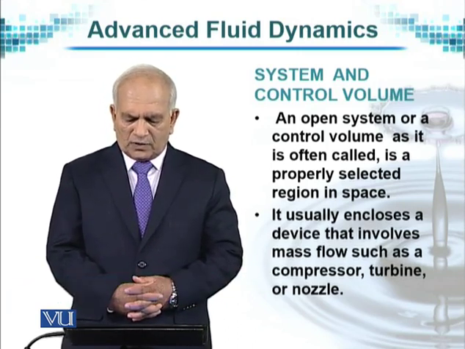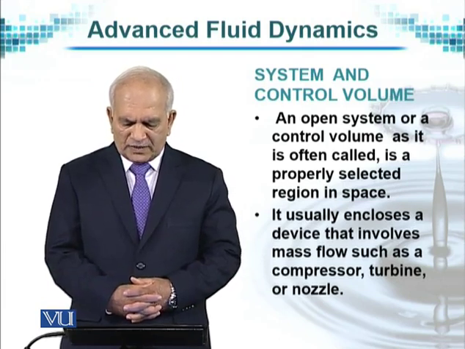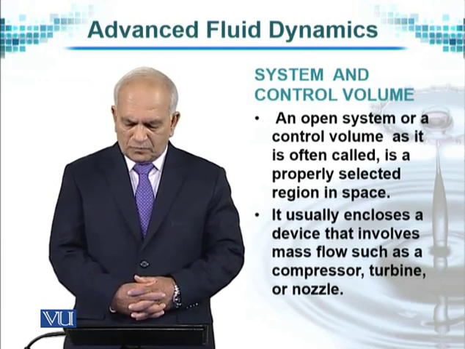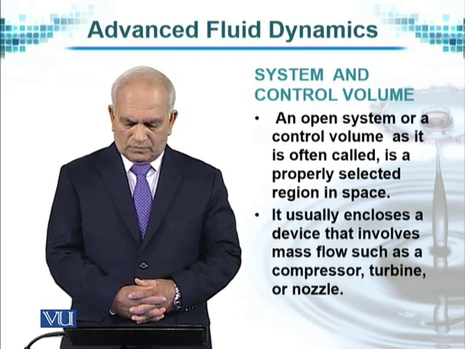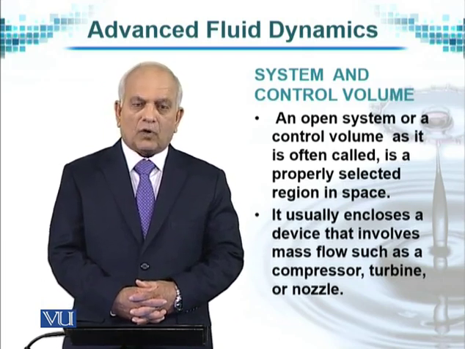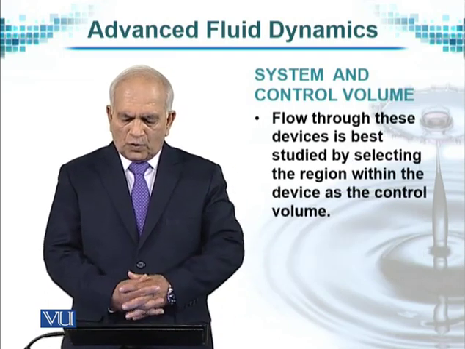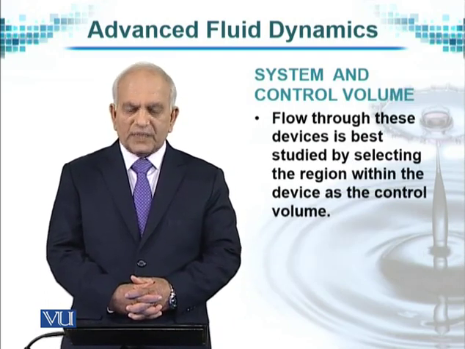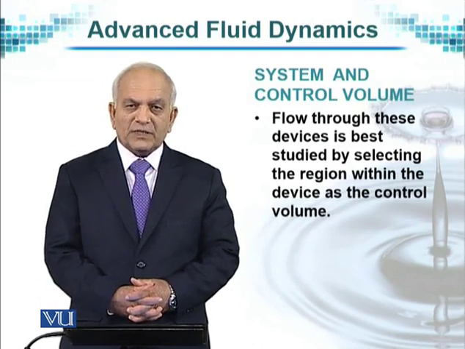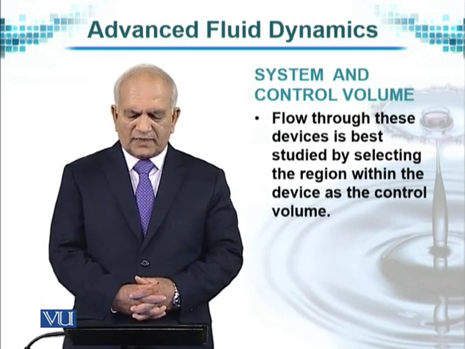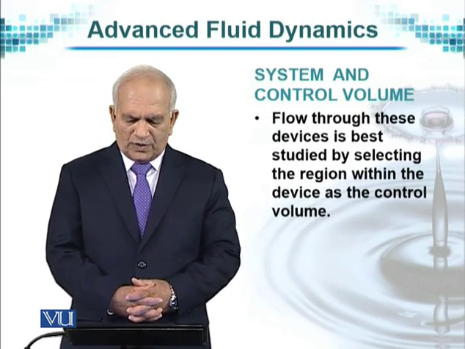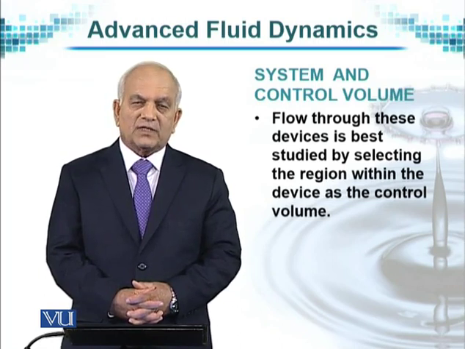It usually encloses a device that involves mass flow, such as a compressor, turbine, or nozzle. Flow through these devices is best studied by selecting the region within the device as the control volume.